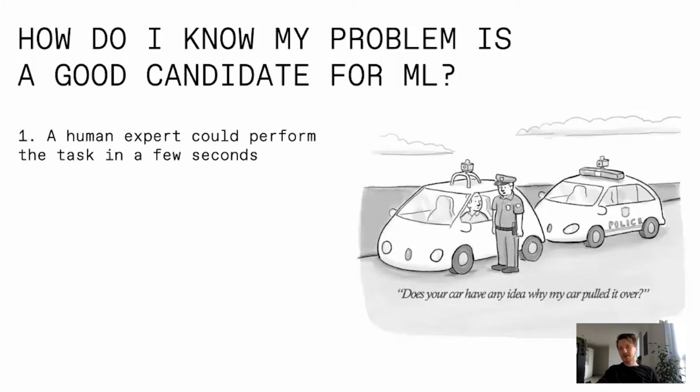Rule number 1, a human expert could perform the task in a few seconds. At this stage of where we are with machine learning, it is really about automating very simple tasks, something that we can do very quickly without too much cognitive effort.